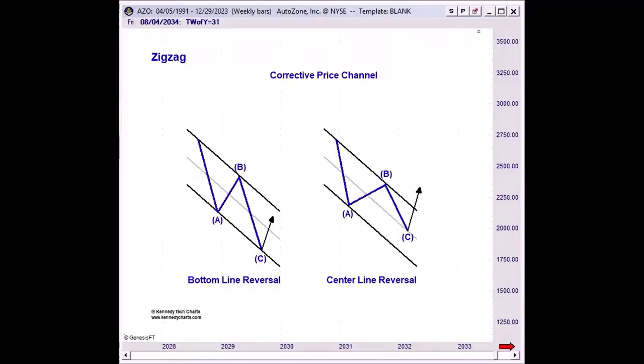Now, the whole cornerstone idea behind the Kennedy channeling technique is that counter-trend price action tends to be contained by parallel lines. And I call that channel a corrective price channel.